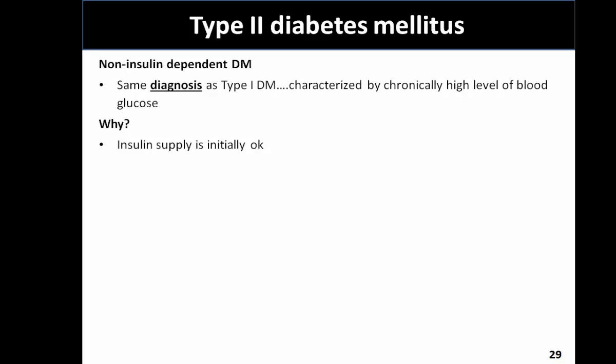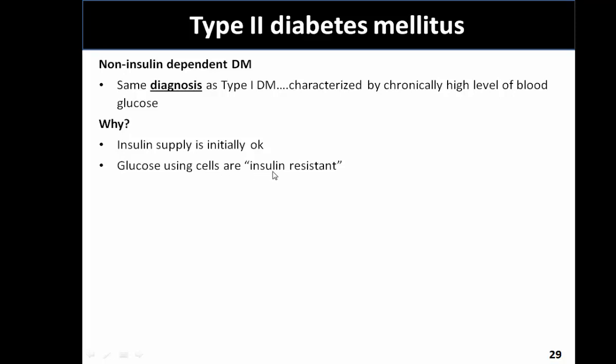this type of diabetes mellitus is not characterized by destruction of beta cells. In fact, a person afflicted with type 2 has an intact insulin supply. But the problem in this type of condition is that the glucose using cells, the muscle cells, liver cells, are what are referred to as insulin resistant.